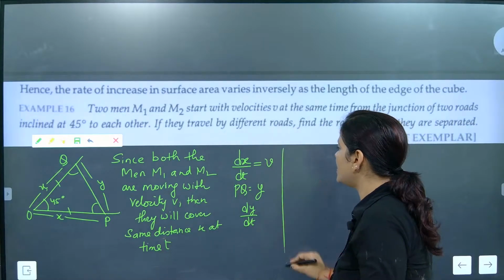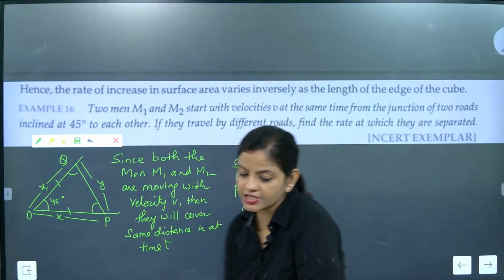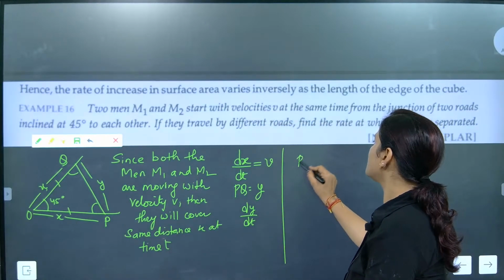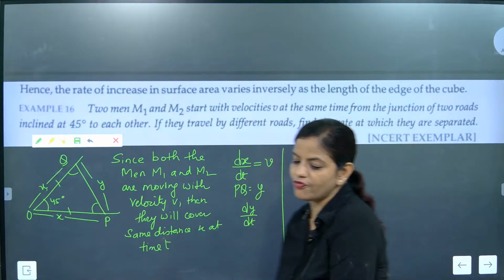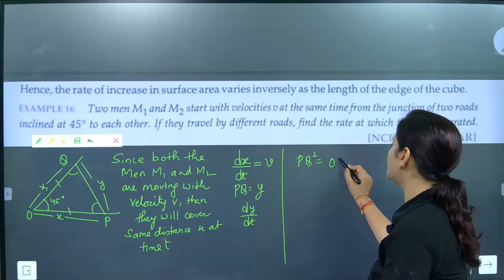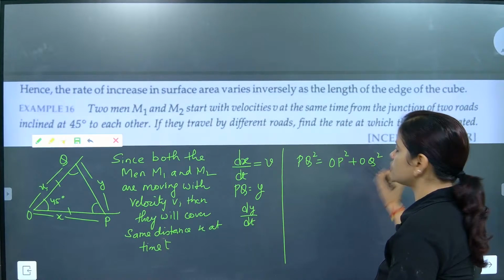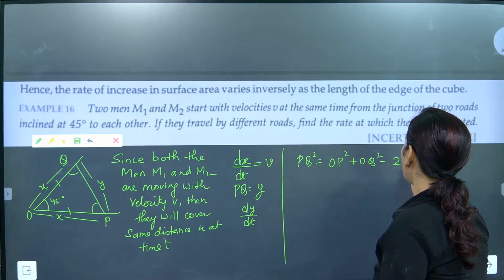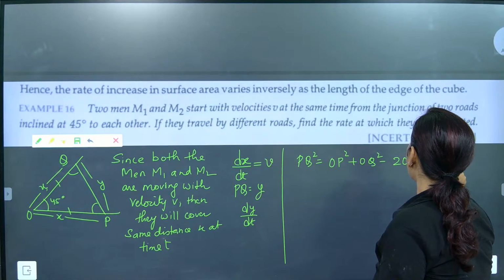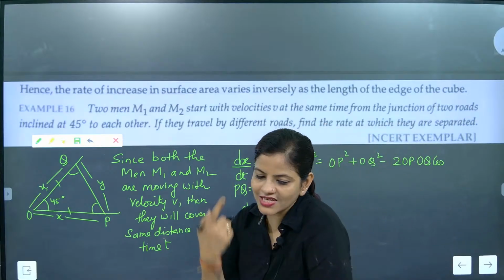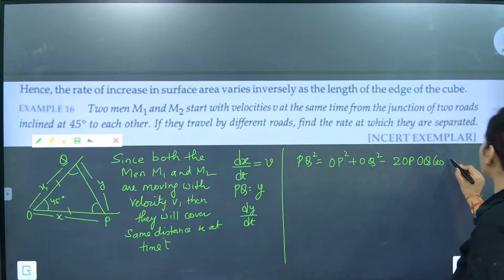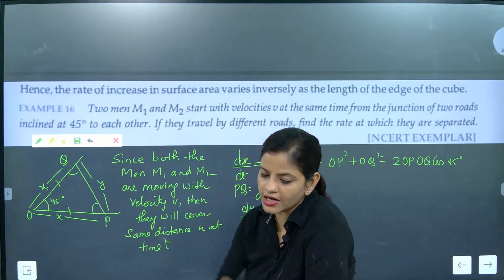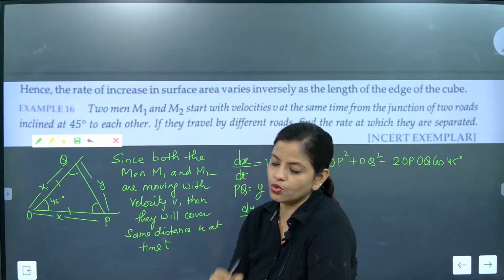PQ square is equal to OP square plus OQ square minus 2 OP into OQ cos alpha. Generally alpha is the angle subtended, but here it will be cos 45 degrees. Understood?